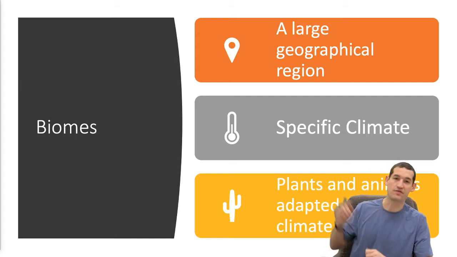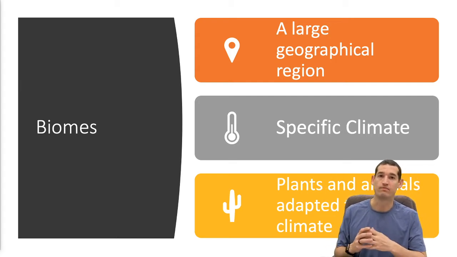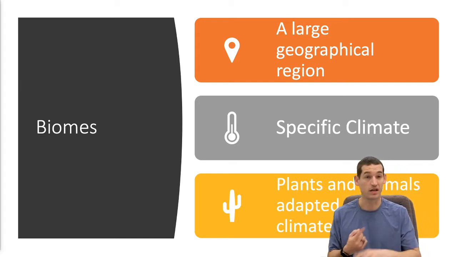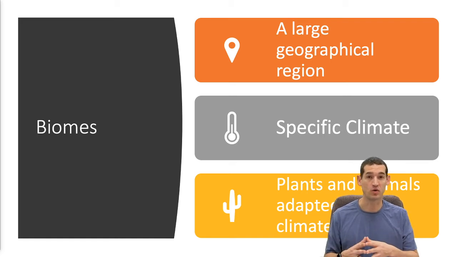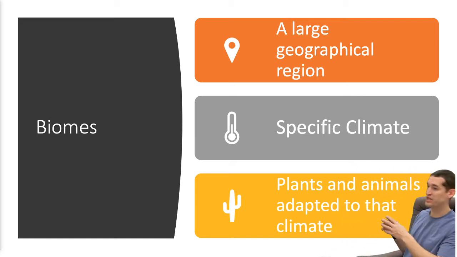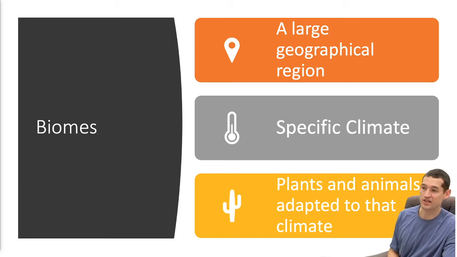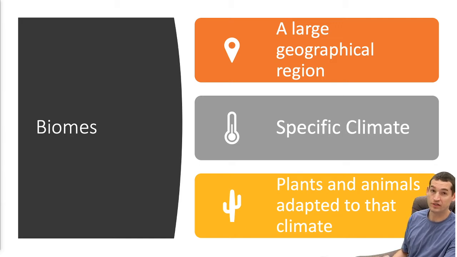But they have a specific climate. So very specific things like temperature, rainfall, what their seasons are like. All of those things that would go together are going to be very set in that area, which is probably why we also get this last piece here, certain plants and animals that are adapted to that climate. So for example, in Waterton, you don't see a lot of wheat fields.